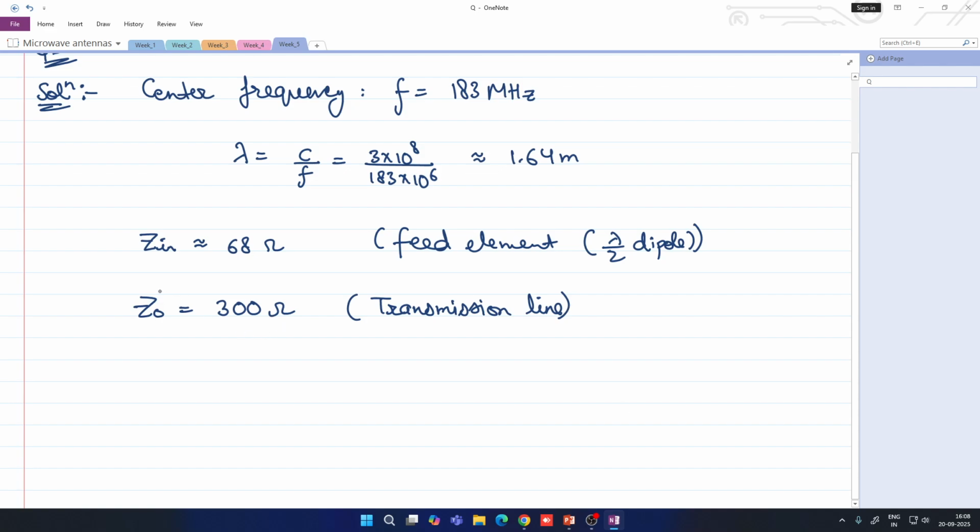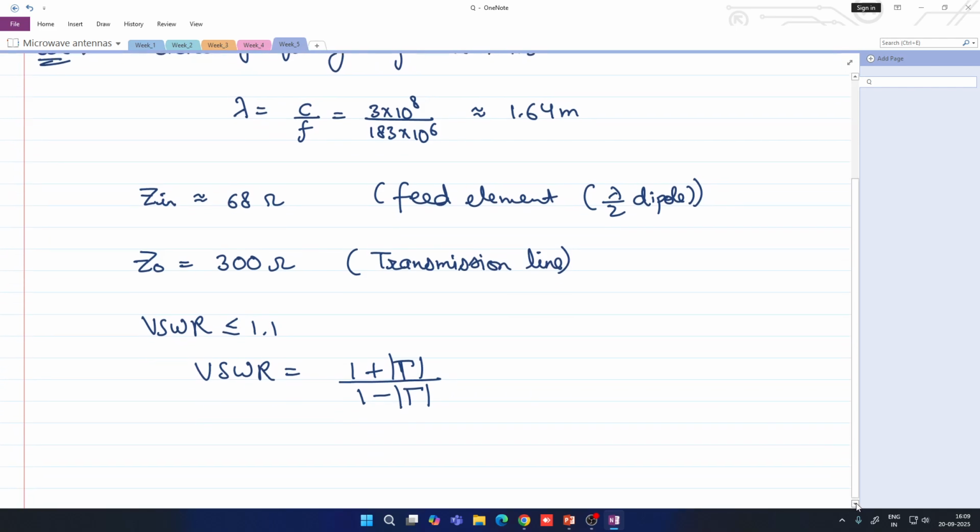It is desired to have the VSWR less than or equal to 1.1, and we know the VSWR formula is 1 plus gamma divided by 1 minus gamma, where gamma is the reflection coefficient.